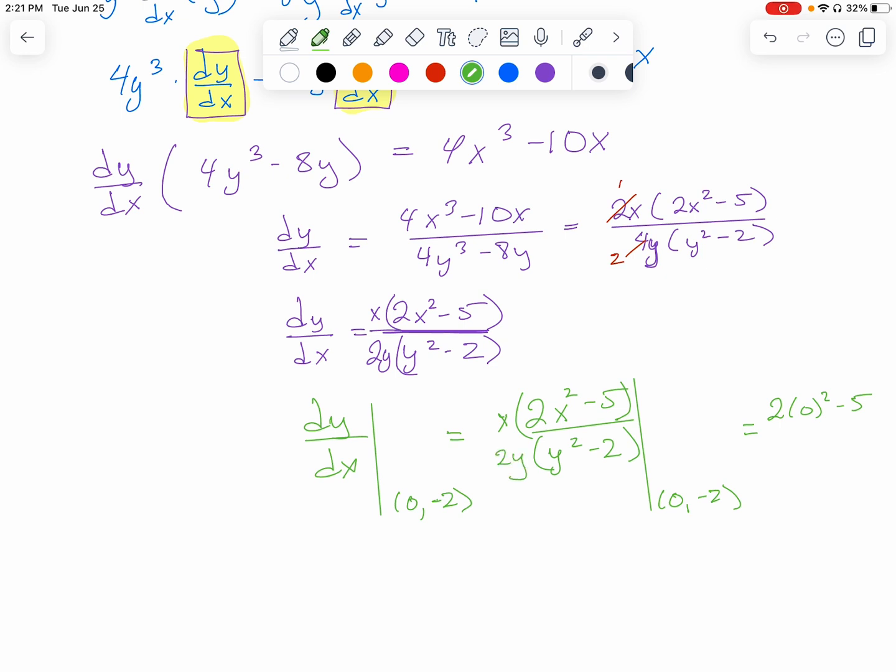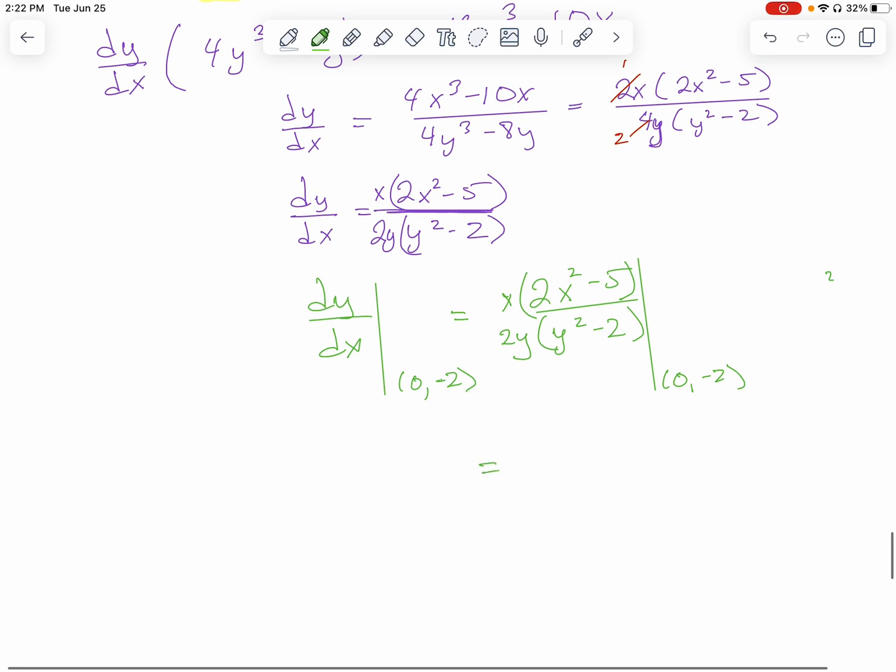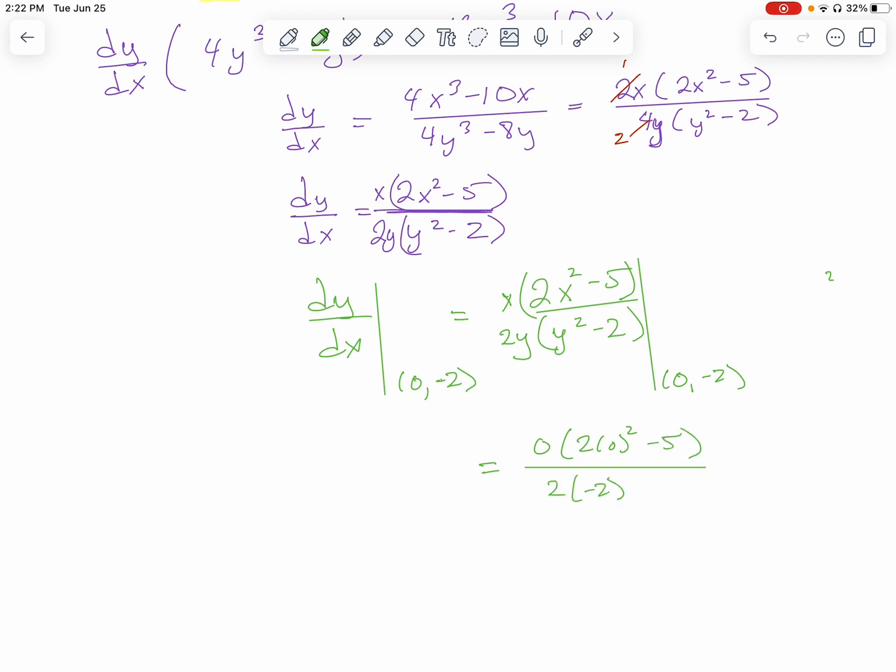So now when I plug in, I get 0 for my x's, and negative 2 for my y's, which means I get 0 in the numerator, negative 4 times 4 minus 2 in the denominator, or 0 over negative 8, which is just 0.